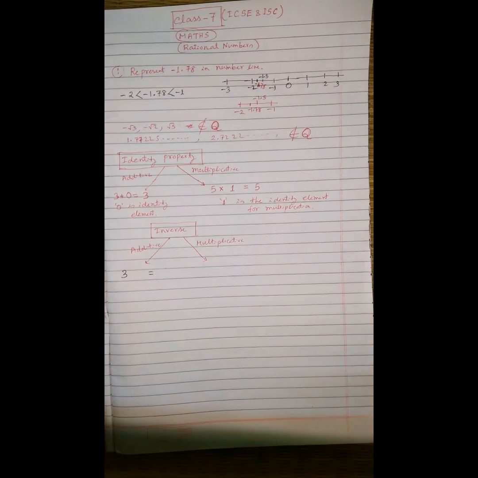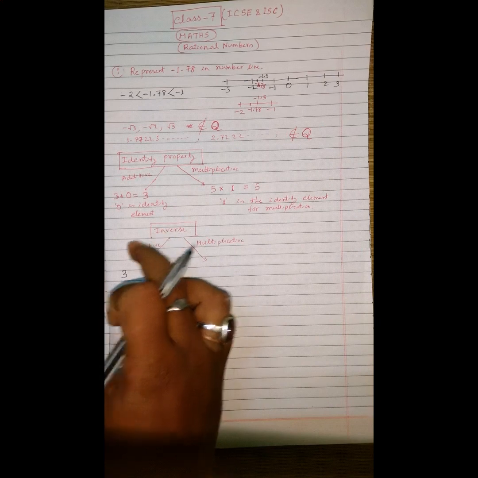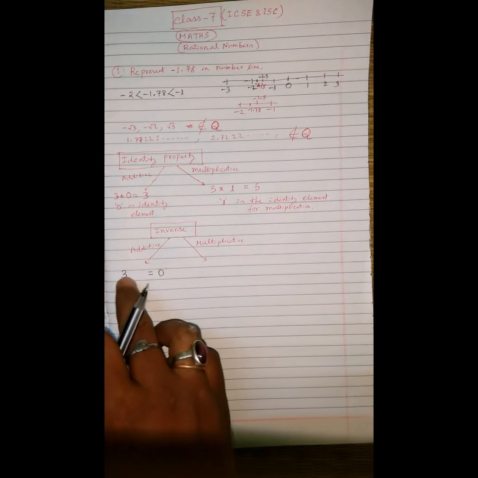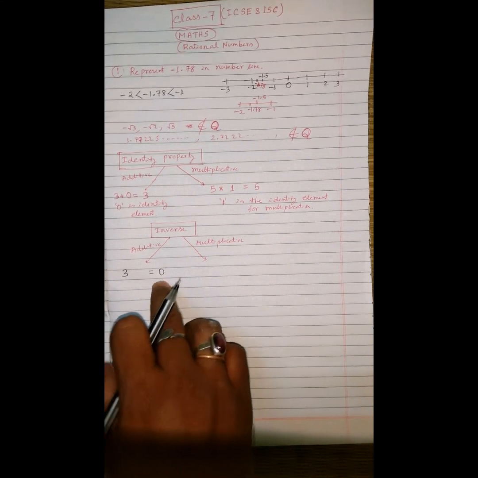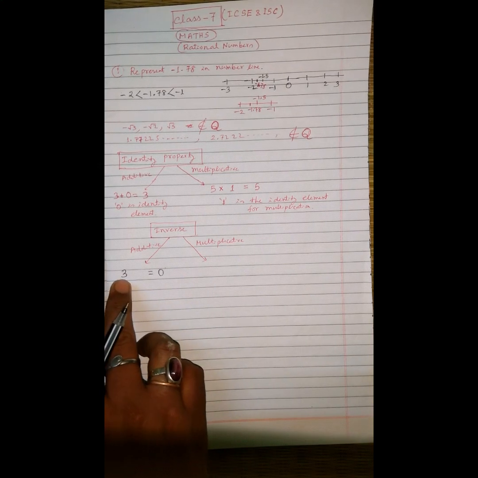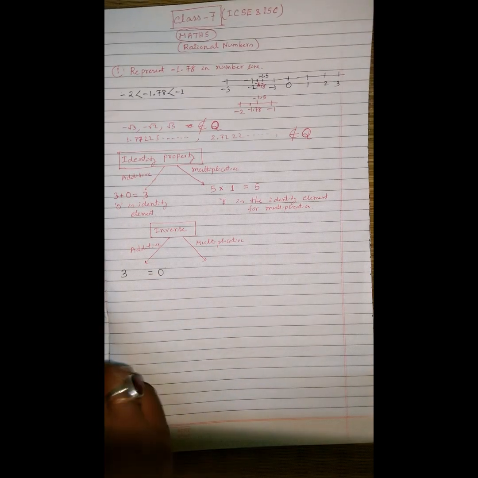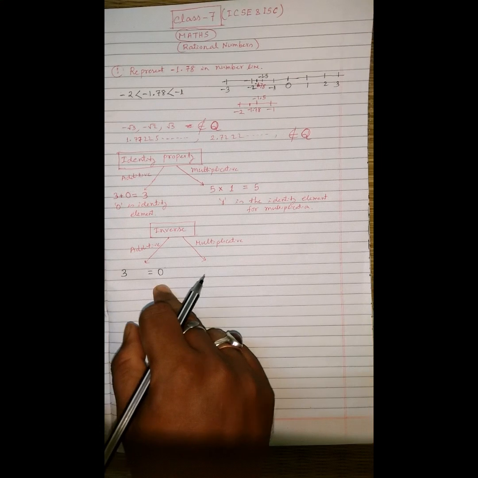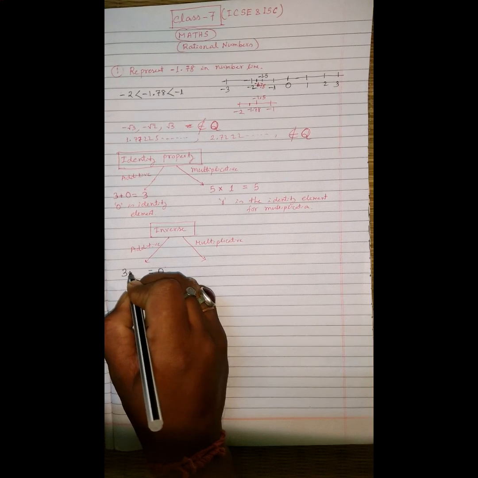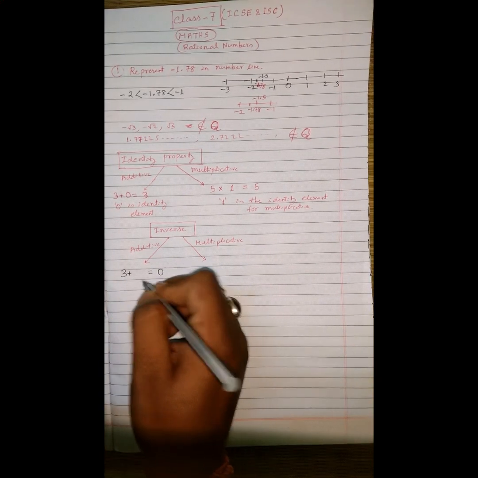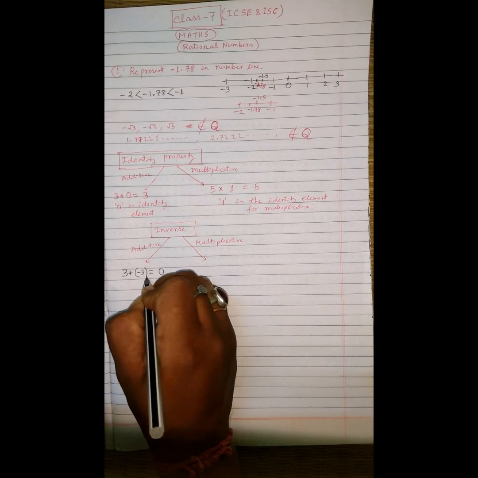What is the additive identity element? Obviously 0. So additive inverse means: what should we add with that number so that the additive identity element comes? What should we add with 3 so that 0 will come? Obviously its opposite, minus 3.